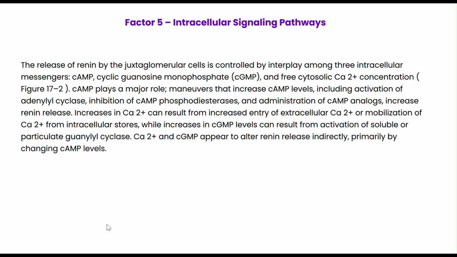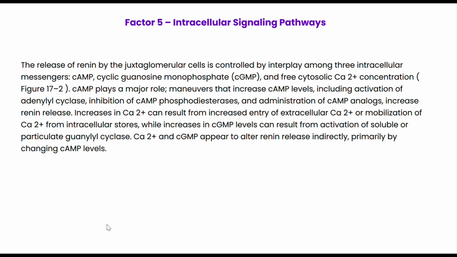This is why substances like nitric oxide and natriuretic peptides, which increase cyclic GMP, can indirectly inhibit renin. So if cyclic AMP is the gas pedal, cyclic GMP acts like a safety system that keeps the car from accelerating out of control.